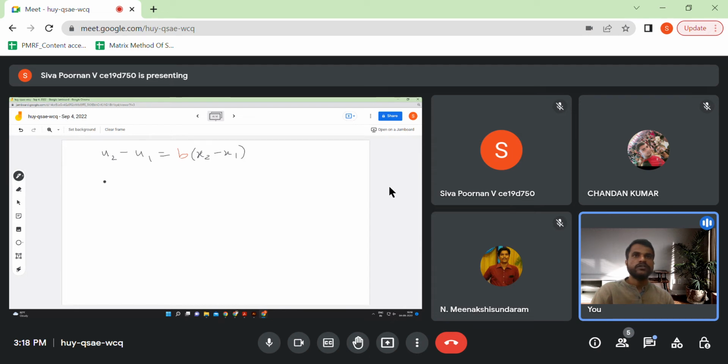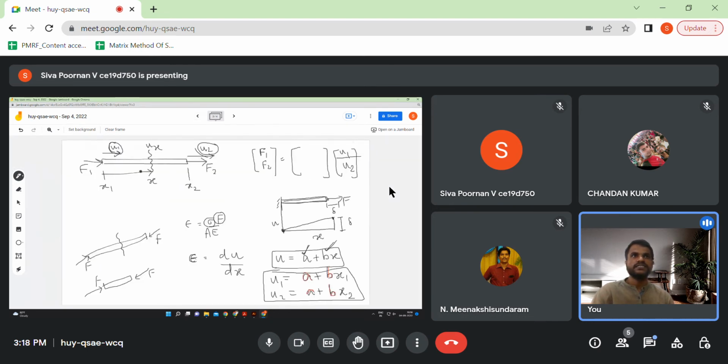So b is equal to u2 minus u1 divided by x2 minus x1. What is x2 minus x1? It is nothing but L, the length of the beam. Let's say this distance is L. So I have found b.